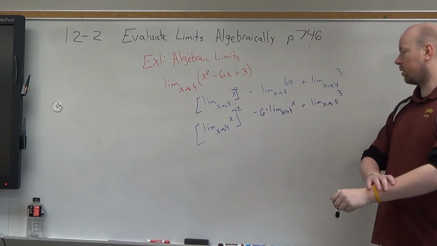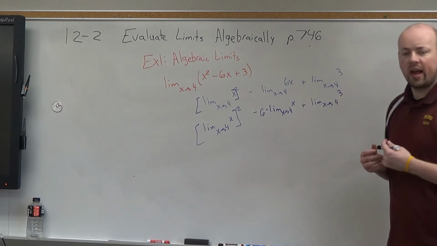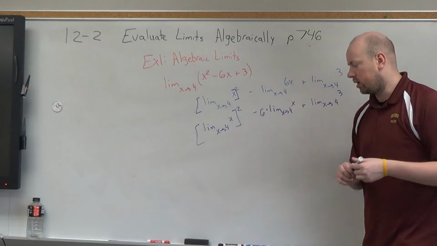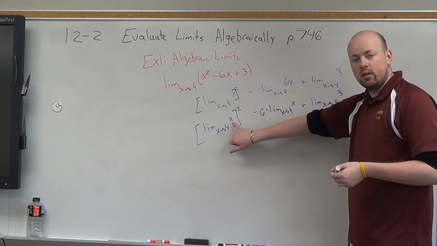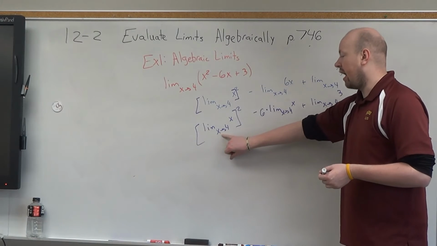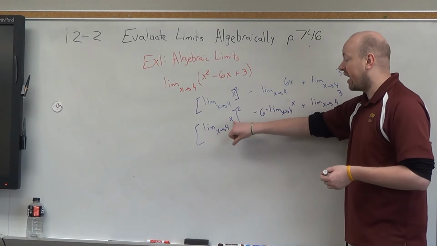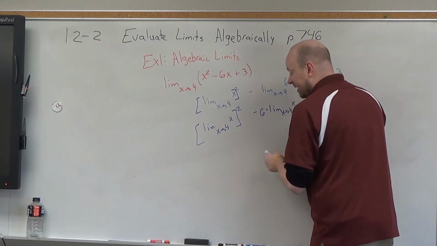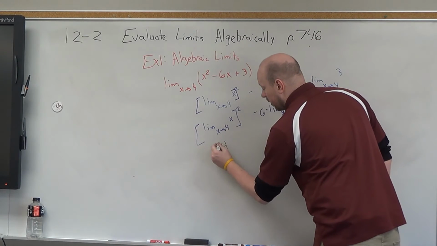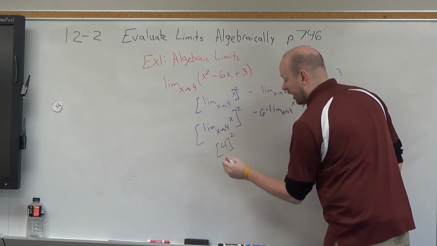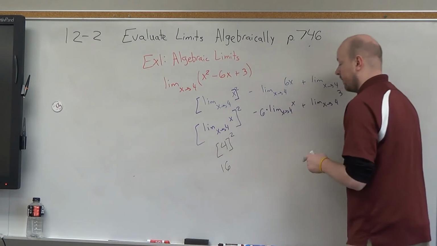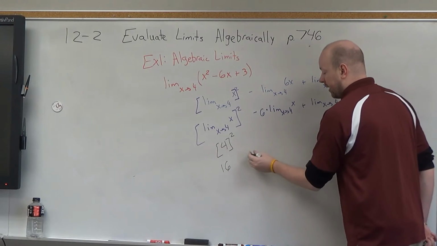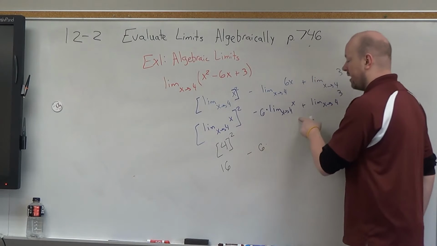Okay. So now we get some interactions from our previous things that we talked about. We have the identity. So I get x is approaching c, and then I get an x. So my answer is just going to be c, in this case, 4. Then I get 4 squared, which is 16. Here, I'm going to get that minus 6 times whatever I get in here.